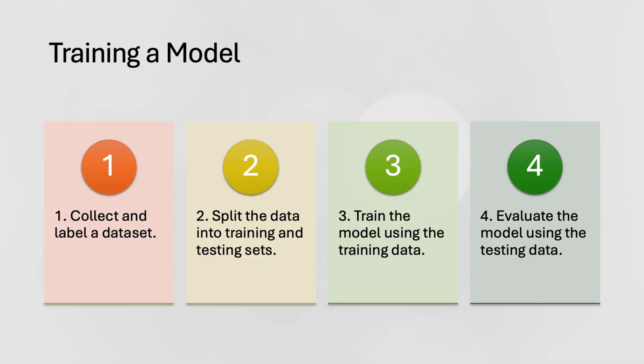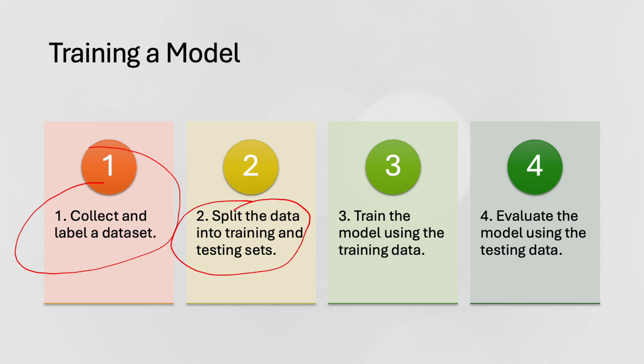Now, how do we train an image classification model? Here is the process. First, we collect and label a dataset. For example, we gather thousands of images of cats and dogs and label them correctly. Next, we split the data into a training set and a testing set.